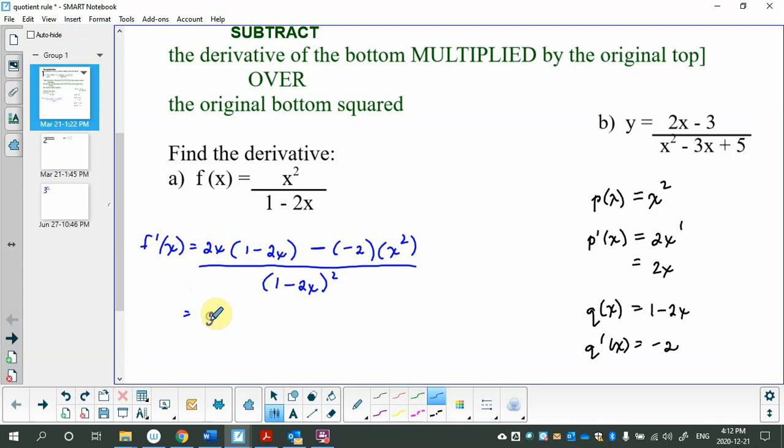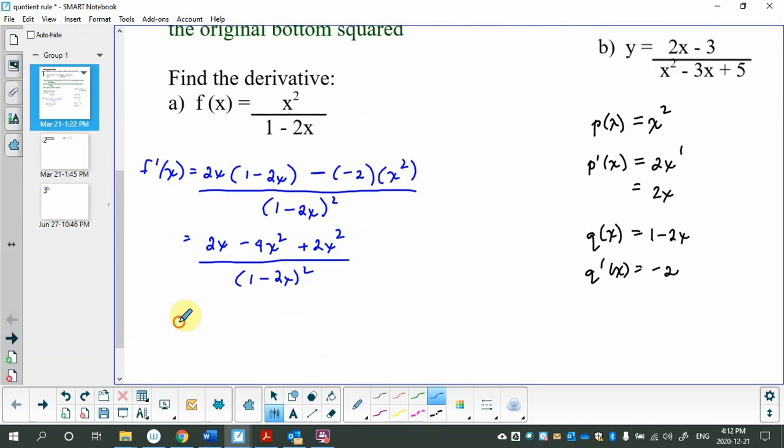So 2x times 1, 2x times negative 2x, that's positive 2 times x squared, over, don't multiply this out, and to clean this up, 2x minus 2x squared over 1 minus 2x in a bracket squared.